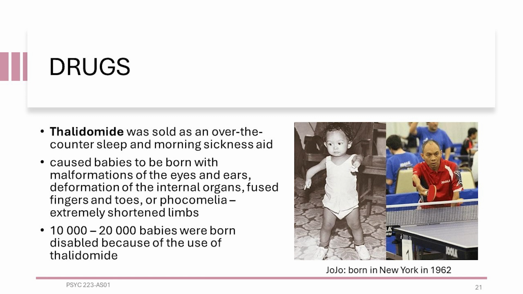Thalidomide interferes with the development of blood vessels, which is crucial during the early stage of fetal development. Between 10,000 and 20,000 babies were born with disabilities due to the use of thalidomide, and approximately 2,000 children died.